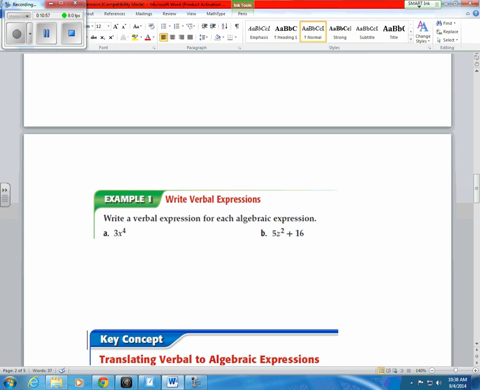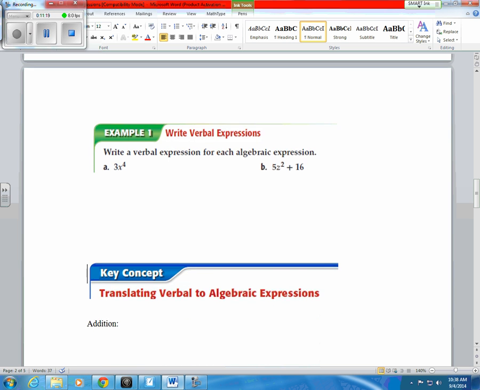If I were to say this to someone, I would say 5z squared plus 16. Now again, if you wanted to, you can get into a lot of detail and expand that. You could say the product of 5 and an unknown squared plus 16. And there are a lot of different ways you can go about doing this.